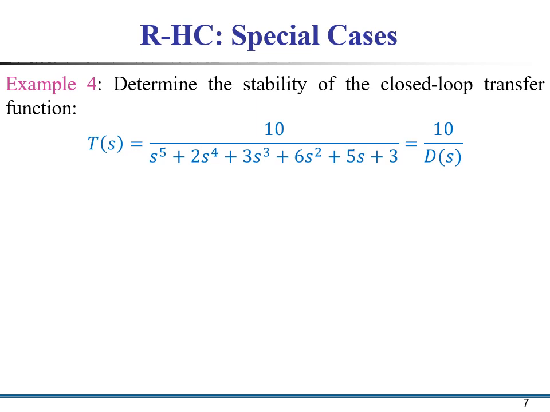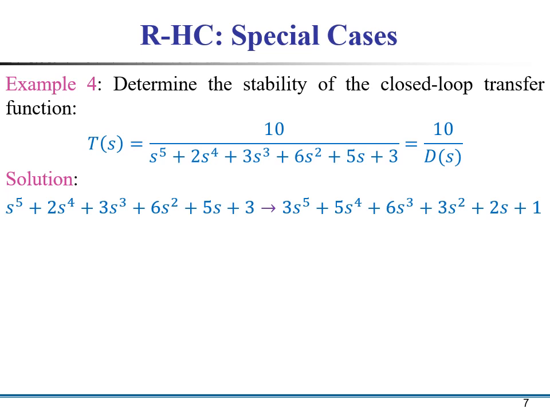So let us consider another example. Determine the stability of the closed loop system function, which is given by this polynomial. And again we see that we reverse the coefficients as we learned on the previous slide, that this 3 will come here.